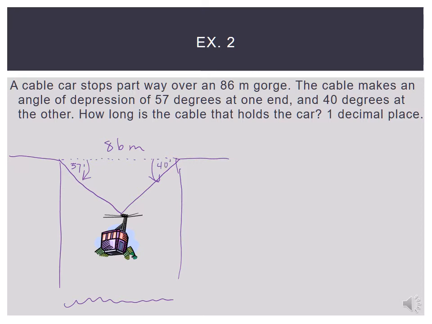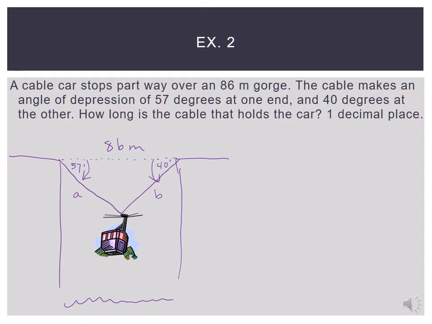And we want to know how long the cable is. So let's call this A and this B, because the cable technically consists of the length at A plus the length at B. Now let's label our triangle.